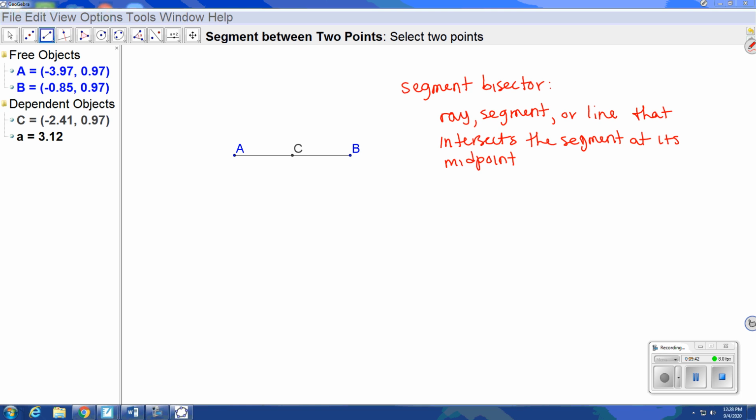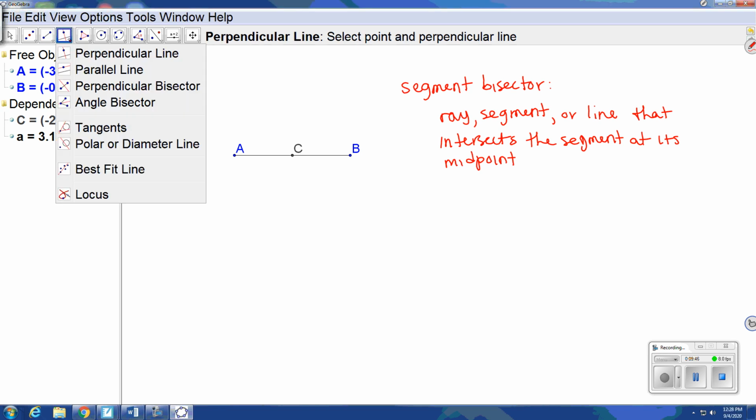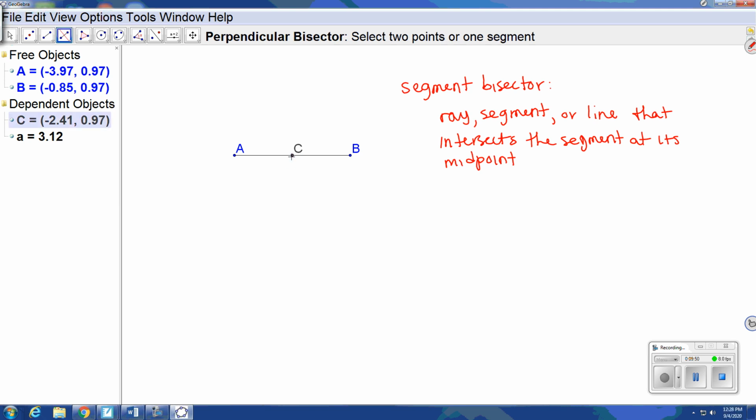So we can introduce a line that passes right through this segment.